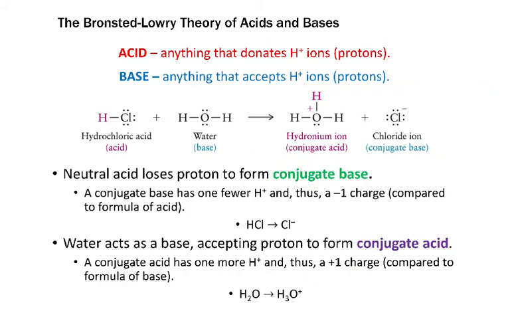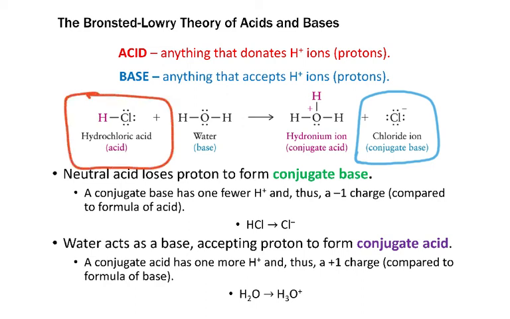Okay, let's look at the product side here. So the neutral acid, HCl, loses a proton, and what's left over now is called its conjugate base. Basically, an acid that loses its hydrogen is now a base that could accept a hydrogen, and they're intimately linked.